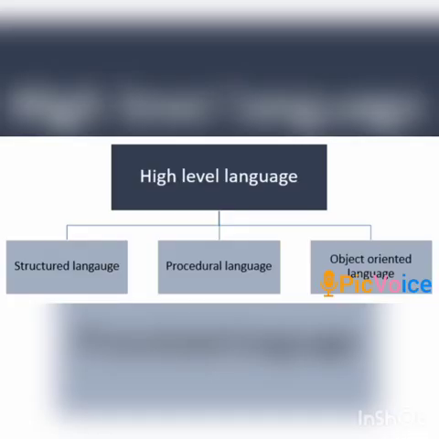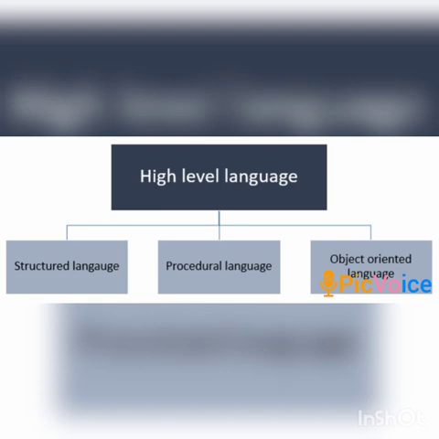Then high level languages, which are used in the third generation. High level languages are classified as structured languages, procedural languages, and object oriented languages.